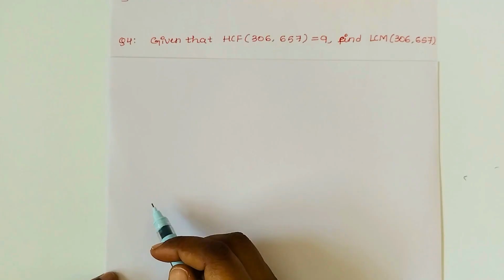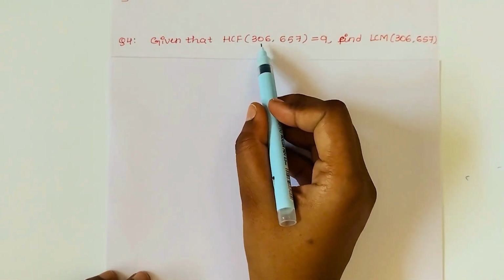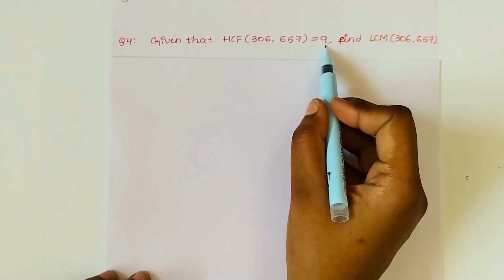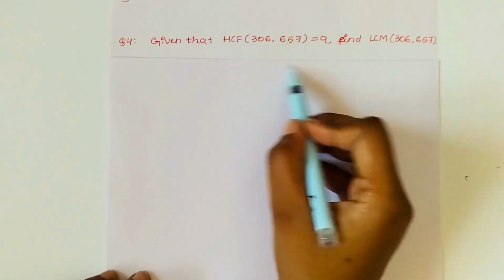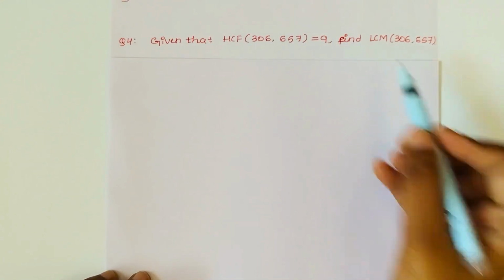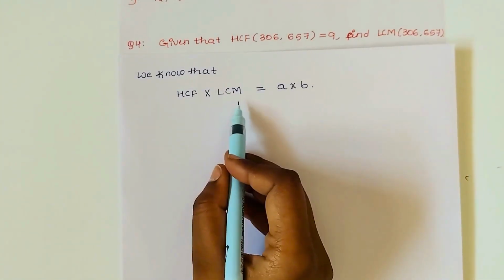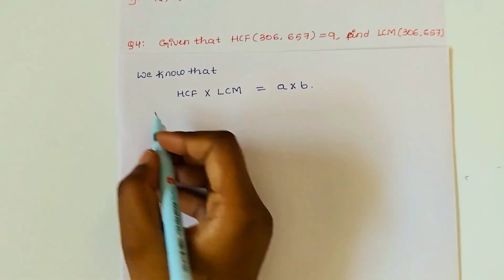What are those two numbers here? See, they have given that. This is our A and this is our B and this is our HCF. By substituting all these values, we can find the LCM. We know the relation HCF into LCM is equal to A into B.